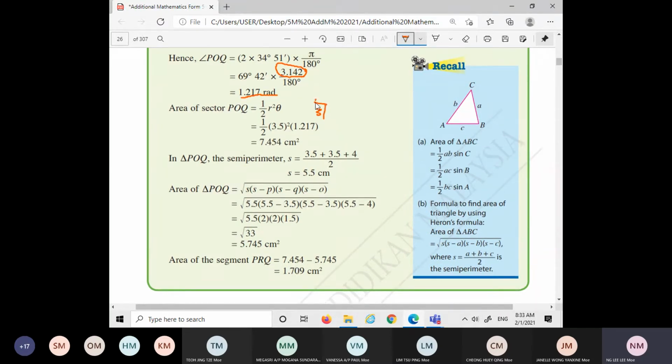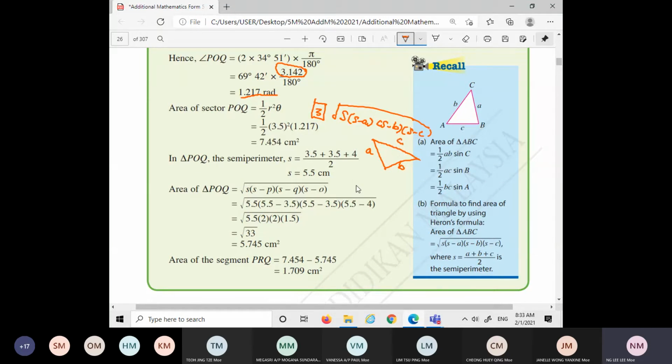Area of triangle equals square root of S times S minus A, S minus B, and S minus C. You have learned this before. What is S? S is the semi-perimeter. How do you get the semi-perimeter? You just get A, B, and C, those 3 lengths.